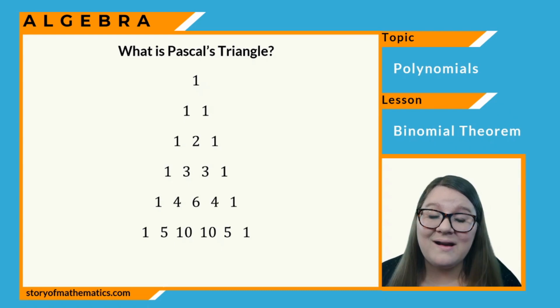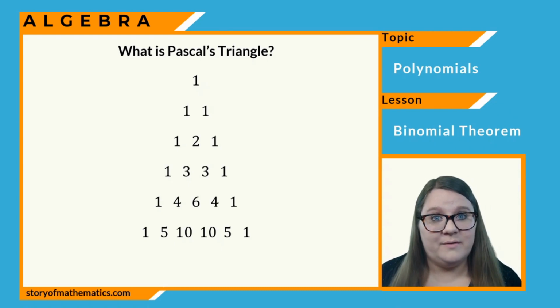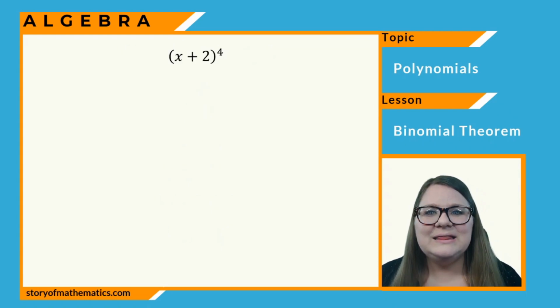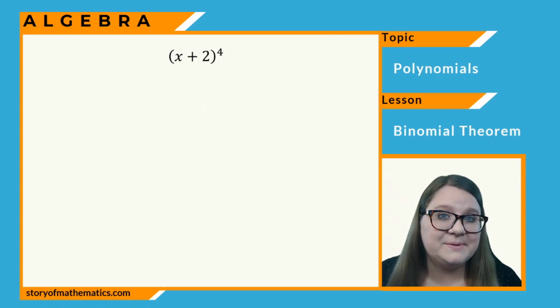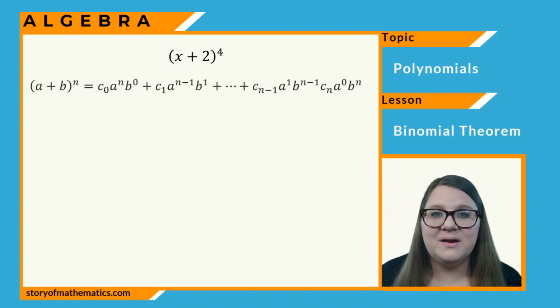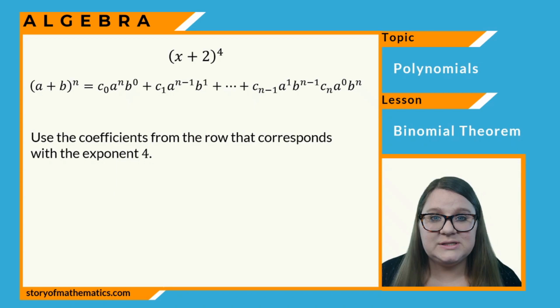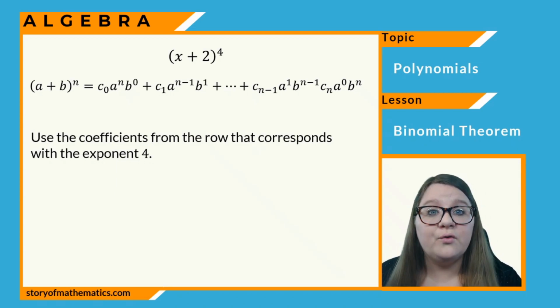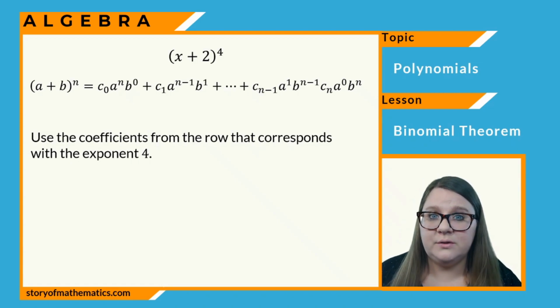Now, these are where I find the values for those coefficients. So let's put this into practice so you can see how it works out. Let's say I want to expand (x + 2)^4. So remember, this is my formula for the binomial theorem, but I need to figure out what coefficients to use. So I'm going to go with the ones that correspond with the exponent 4, because it's (x + 2)^4.